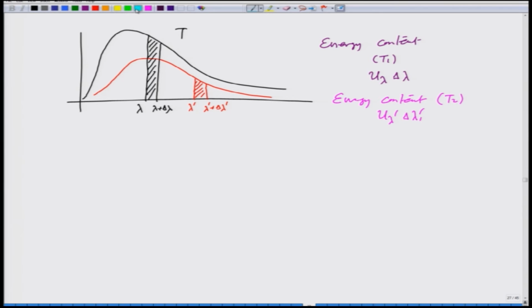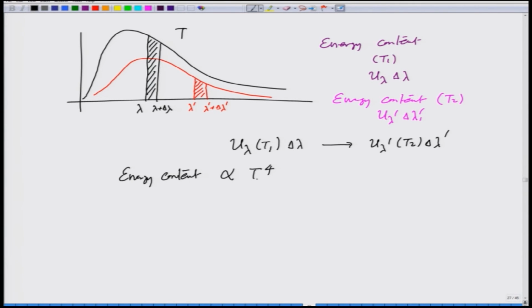So, what we have is that u lambda at T1, delta lambda went to u lambda prime at T2, delta lambda prime. However, I know what the temperature dependence is. The energy content is proportional to T raised to 4.